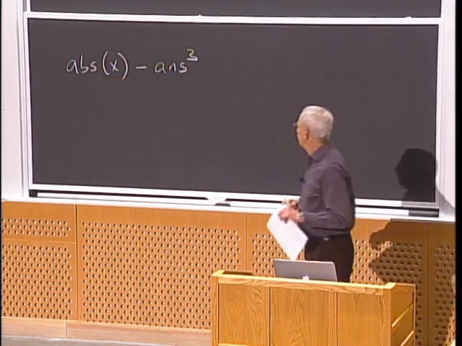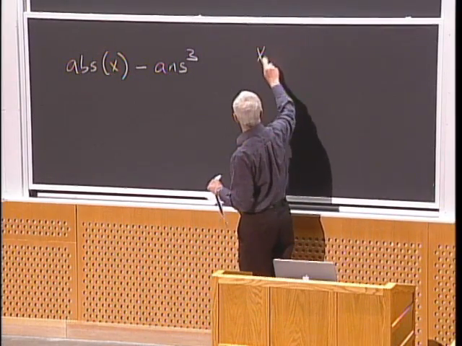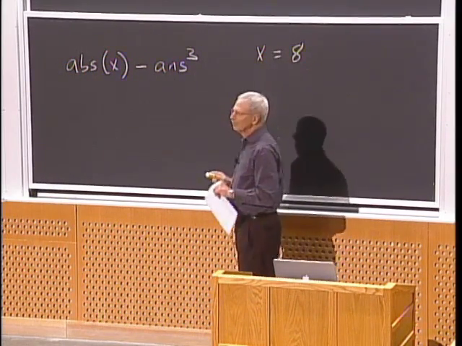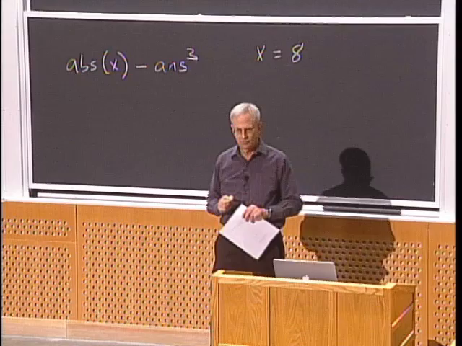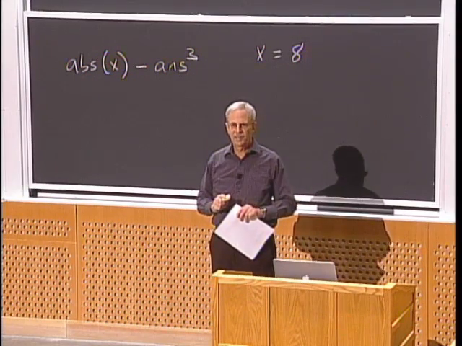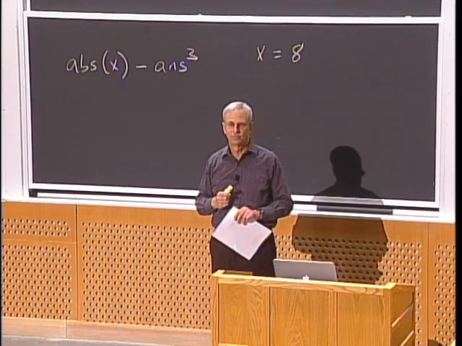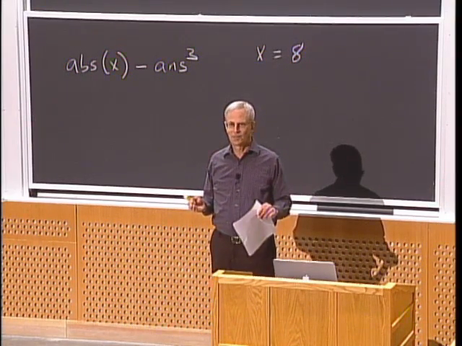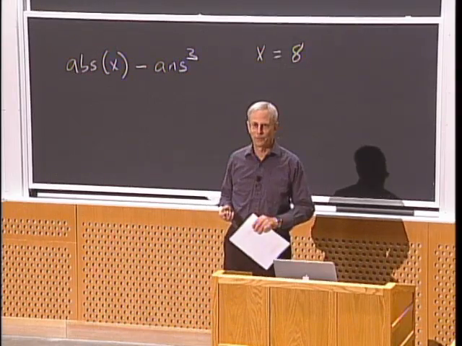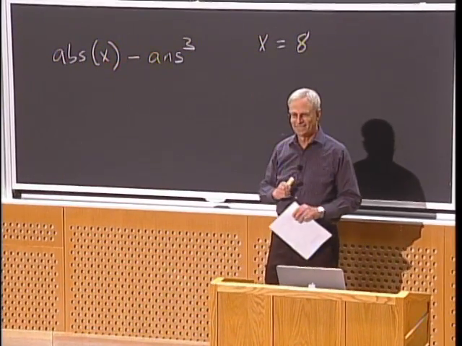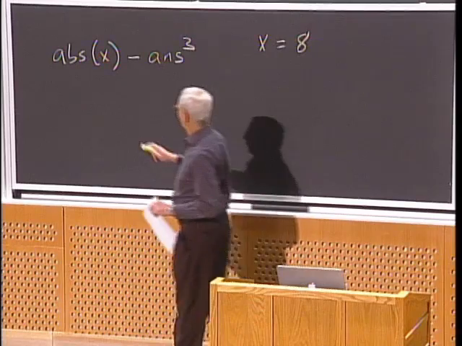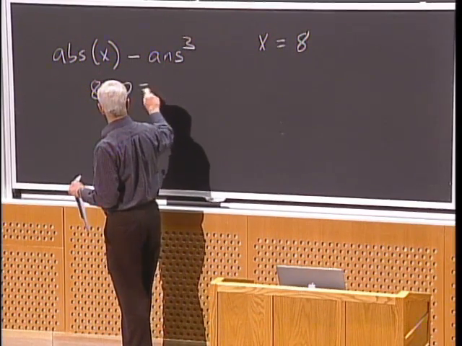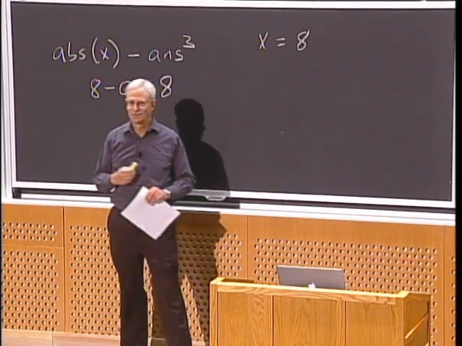Suppose that x is equal to 8. What is the initial value of the decrementing function? Wow. Come on. Let's be a little cooperative, please. Yes? So it's 8, ans is 0, and absolute value of x is 8. So it's 8 minus 0, which is equal to 8.